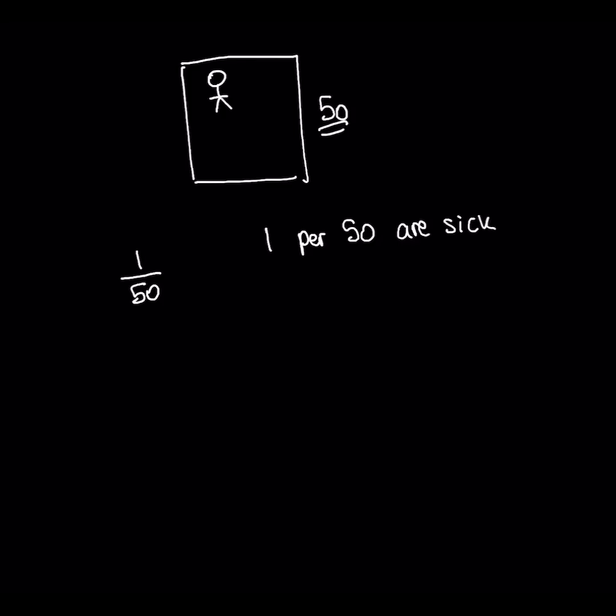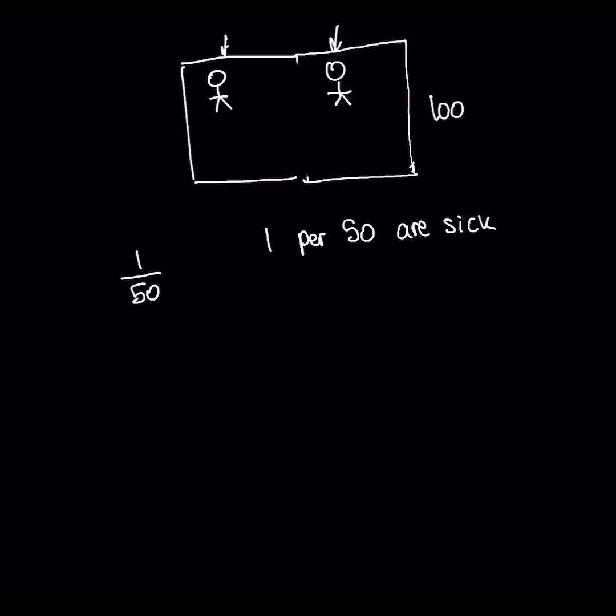But we want to know how many per 100 are sick. What we can do is take this gymnasium and multiply it by 2, like that. So now we have one sick person in each gymnasium, and then we're going to remove the barrier between them so they all become one big group that has 100 people.